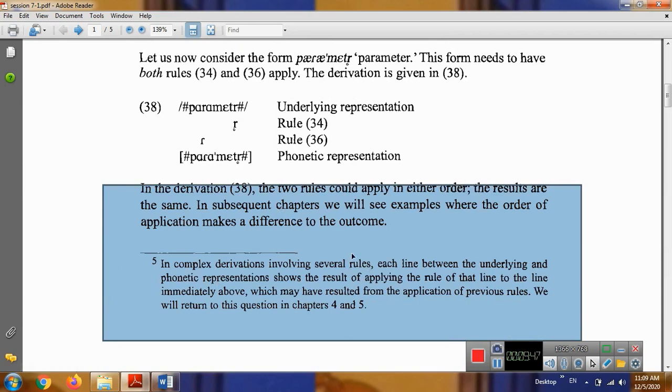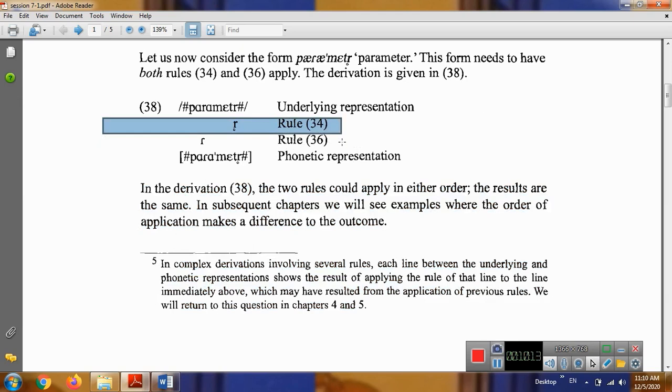Okay, here we repeat the point which I told you in the previous session. In a complex derivation, like here, involving several rules, here we have two rules, each line between the underlying and phonetic representation shows the result of applying the rule of that line to the line immediately above. We show each rule in just one separate line.